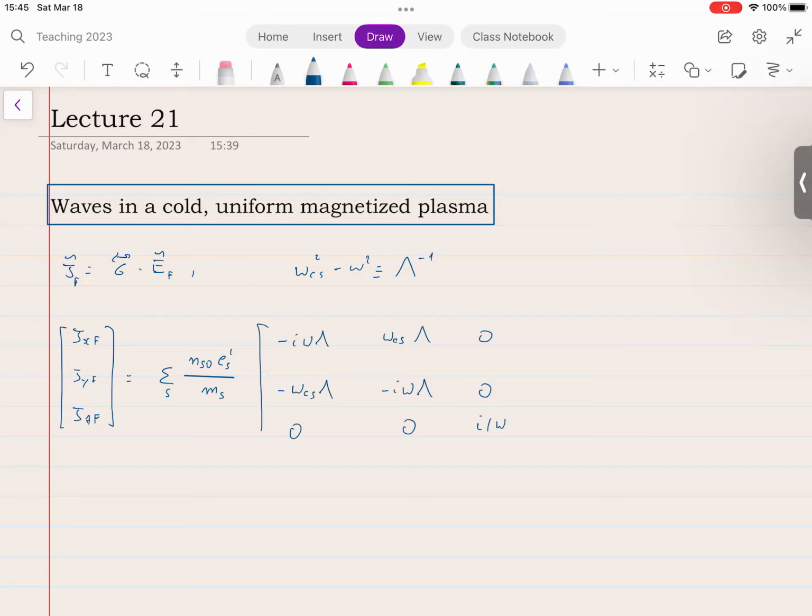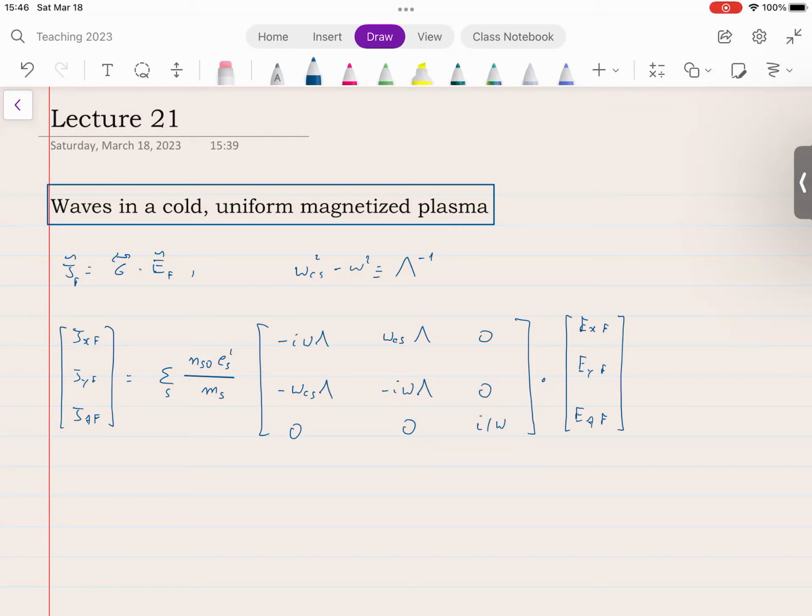So this is our tensor sigma, and this multiplies Ex, Ey, Ez. And I was saying, remember that the magnetic field is in the Z direction by assumption or by definition. Okay, so that's where we were.